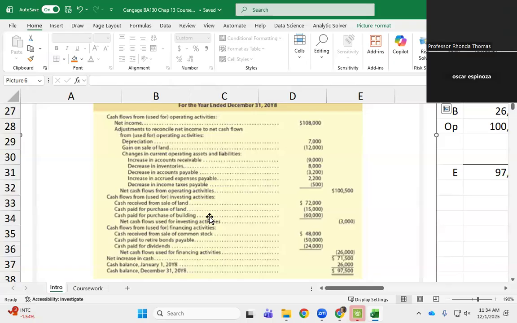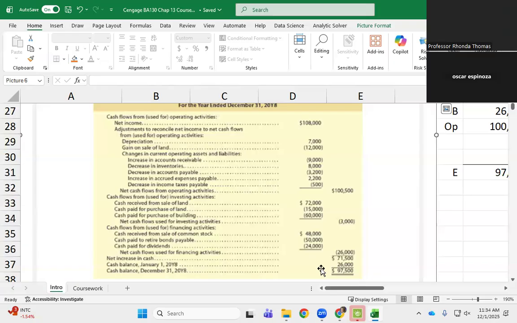The beginning balance was $26,000. So the net increase in cash was $71,500. Right above this, we have to prove this cash flow.